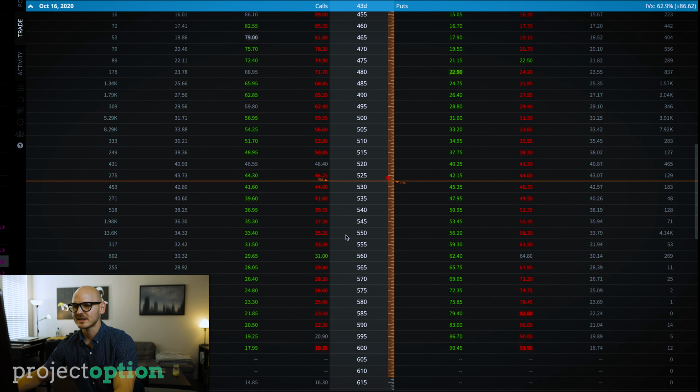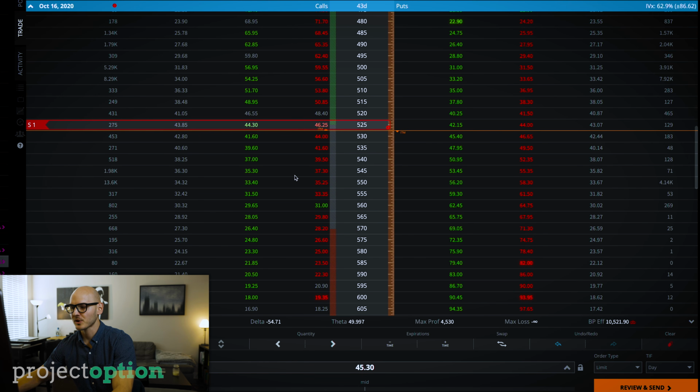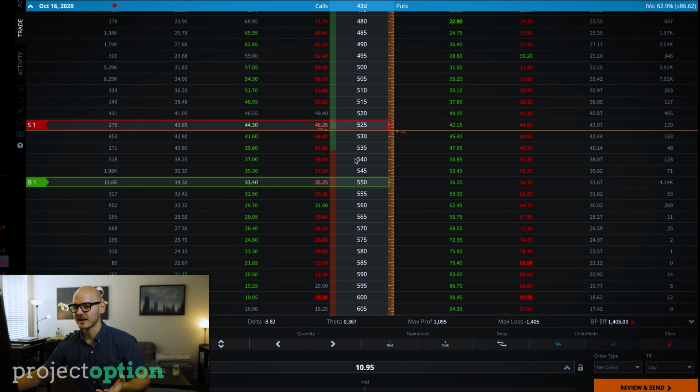So let's compare this risk profile with the bear call spread. So with Netflix at 526, I could even look at selling the 525 call and then purchasing the 550 call. So what we'll notice here is that if I short the 525, 550 call spread, which is $25 wide, just like the put spread was that I just looked at, in this case, I'll make money as long as Netflix is below 525 at expiration in 43 days.